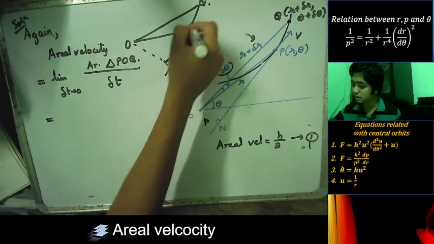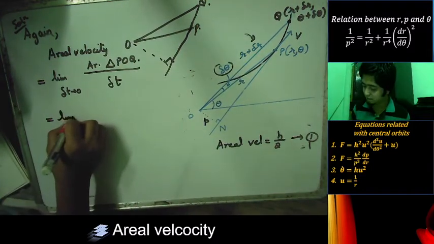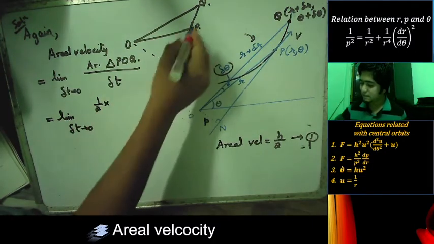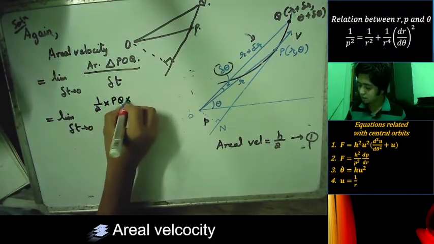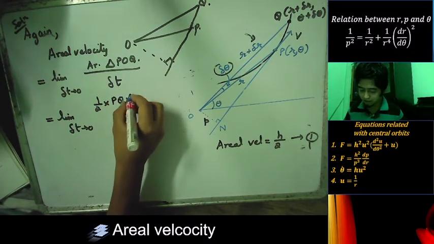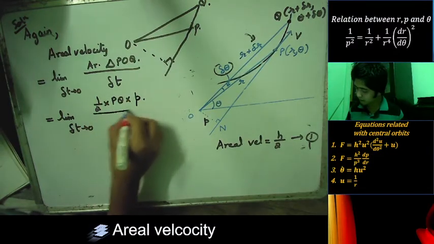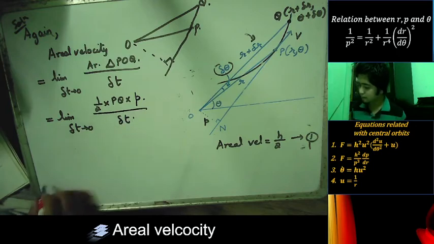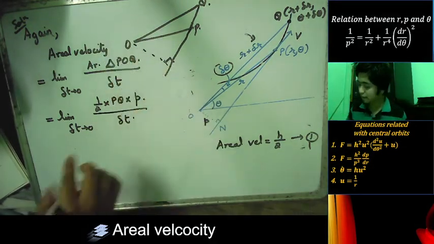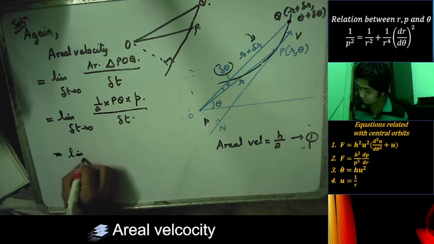The base is PQ and the altitude is p, since the perpendicular is ON. So we get the limit as del t tends to 0 of half into base, which is PQ, into p, by del t.